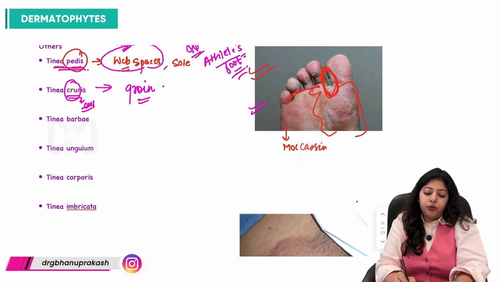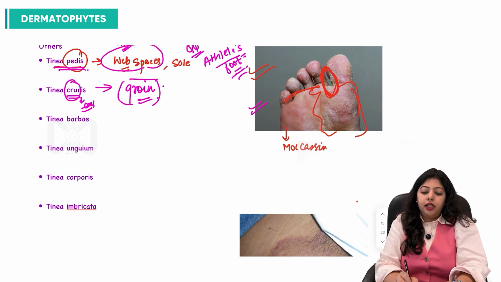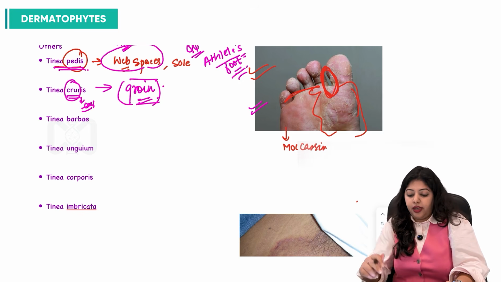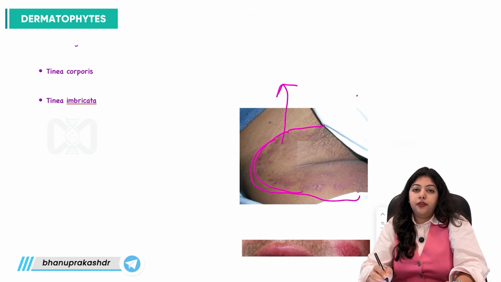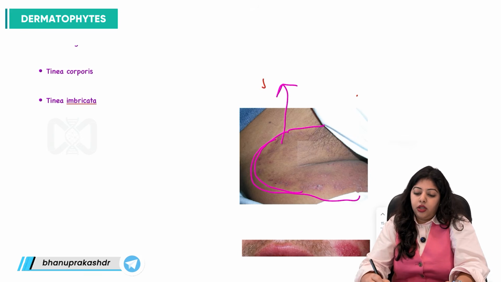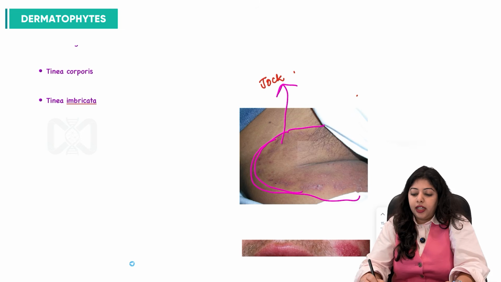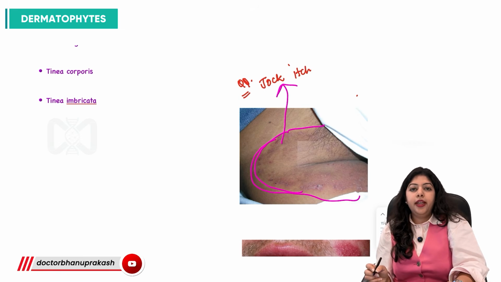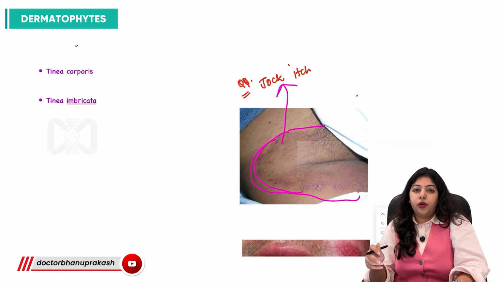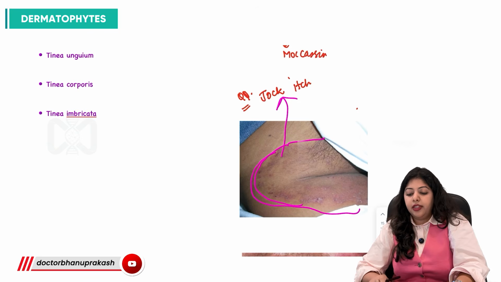We use cruris for groin involvement in tinea infection, right? So the groin is getting infected, and this kind of tinea infection of the groin area is also known as jock itch.